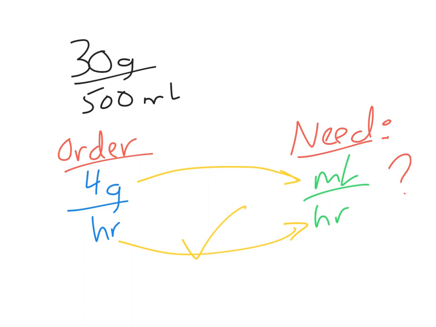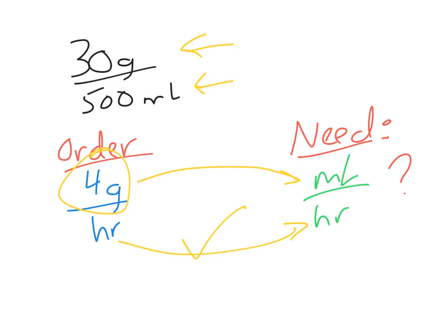I know there are 30 grams for every 500 milliliters of fluid. Well, the patient doesn't need 30 grams. The patient only needs 4 grams based on what's been ordered. So we're not going to need the total 500 milliliters of how this medicine comes.